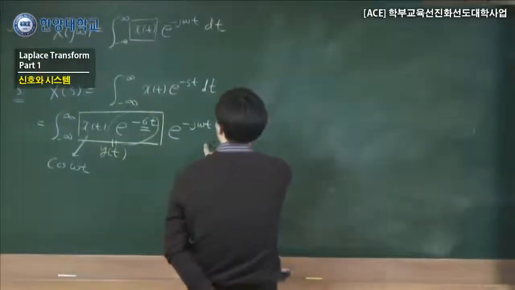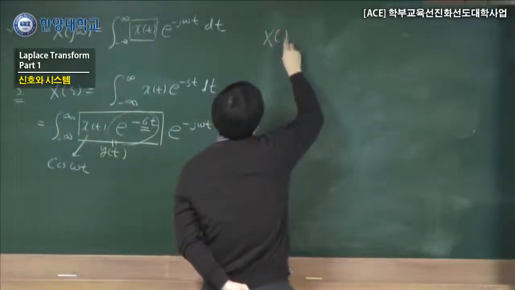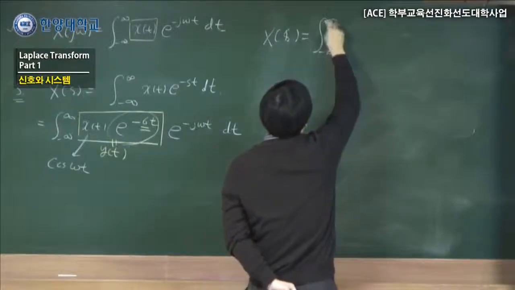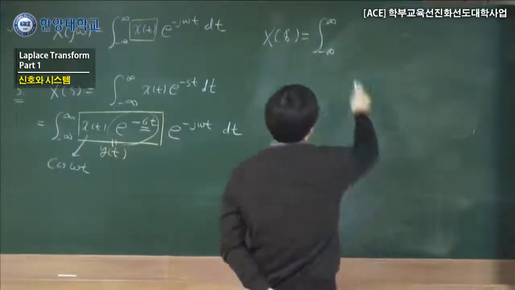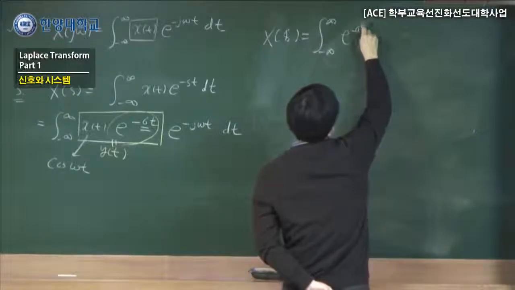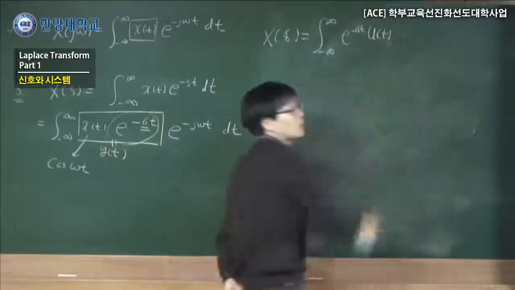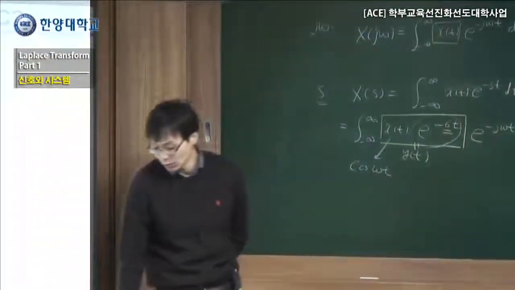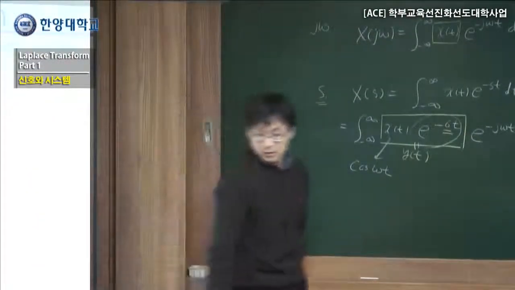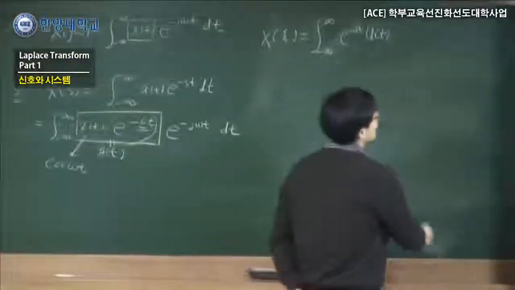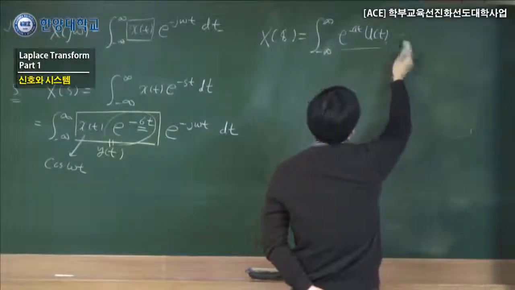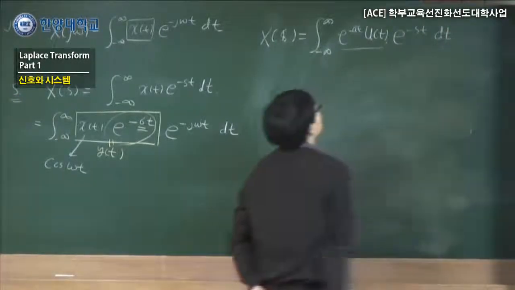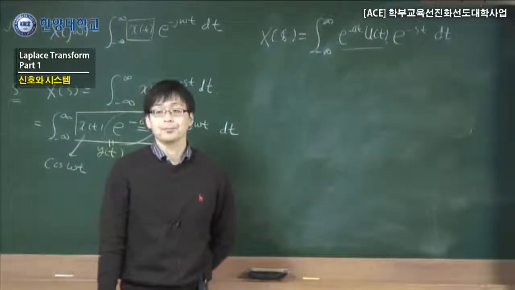So let's try to solve this. So Laplace transform, from minus infinity to infinity. What is our x? Our x is e minus at ut, which is exactly what we did previously. And this is our value, our x, e minus st dt. This is our Laplace transform.